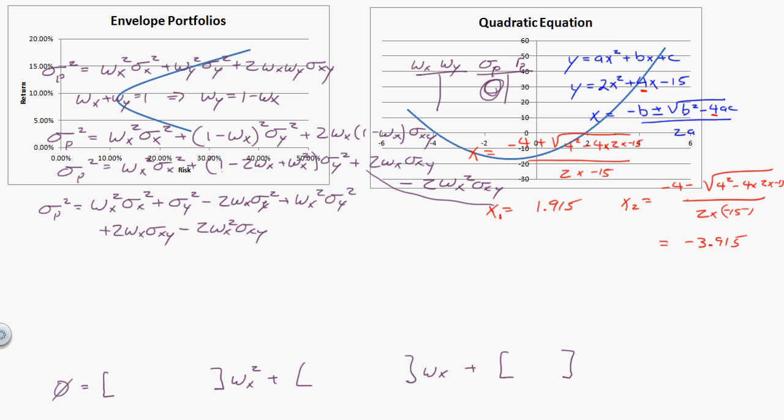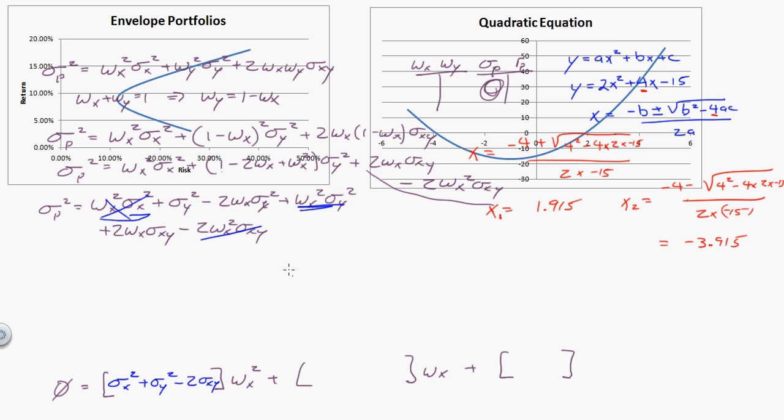Okay, so go back to blue writing here. For this, here is a wx squared term, so that's sigma x squared. Another wx squared term is right here, so I add sigma y squared. Here's another wx squared term, so that's minus 2 sigma xy.